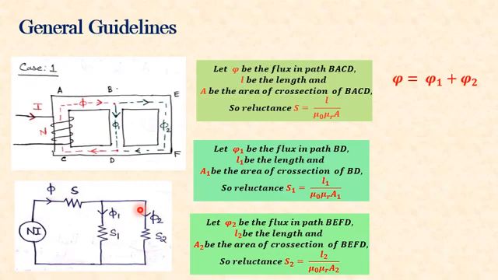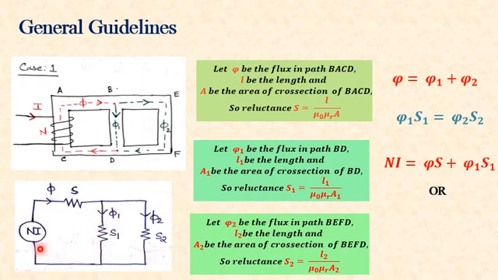So phi 1 S1 will be equal to phi 2 S2. Then what about the total MMF Ni? If we consider the inner loop, we can write total MMF Ni equal to phi S plus phi 1 S1.